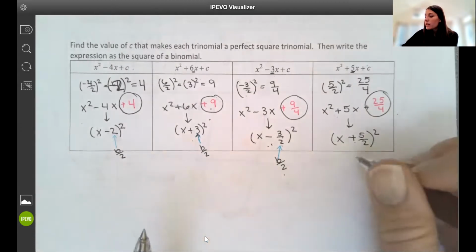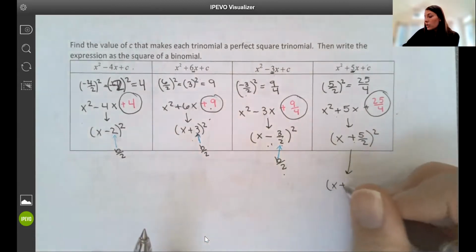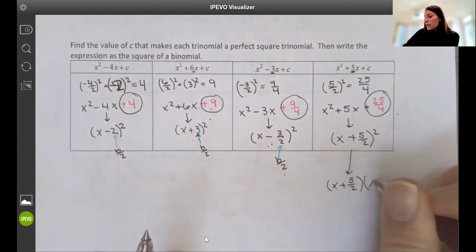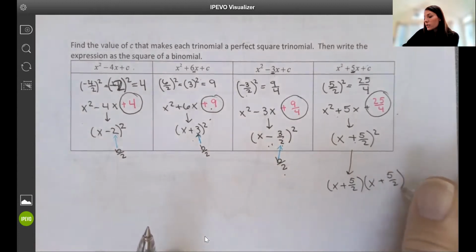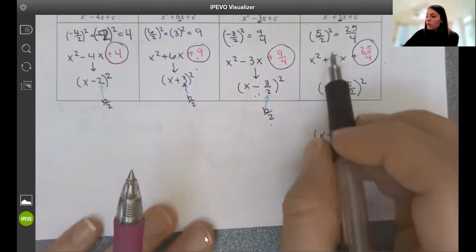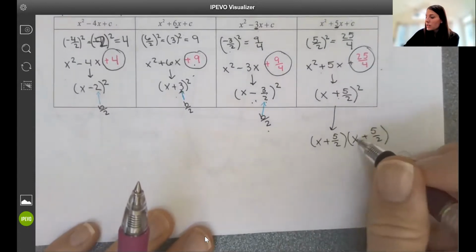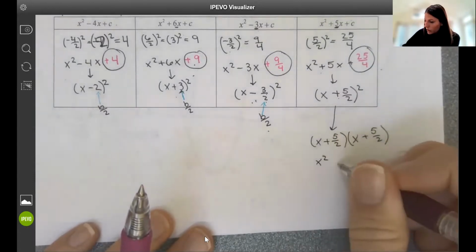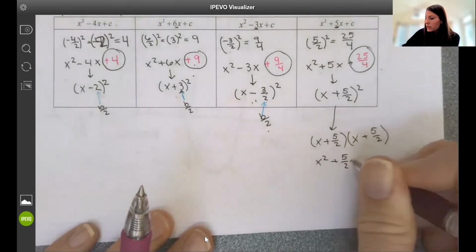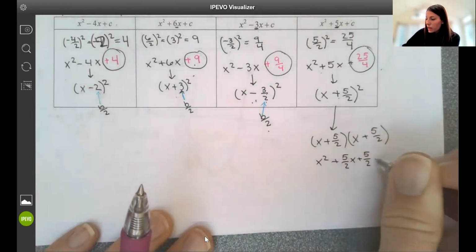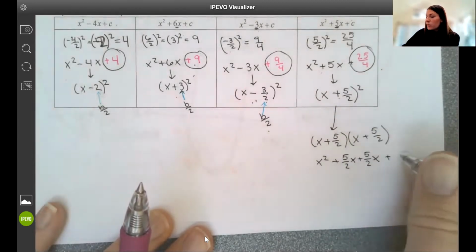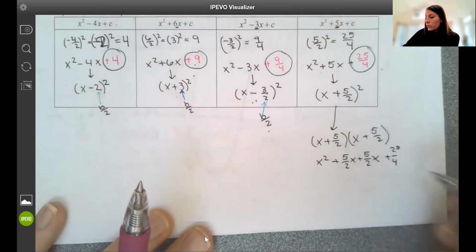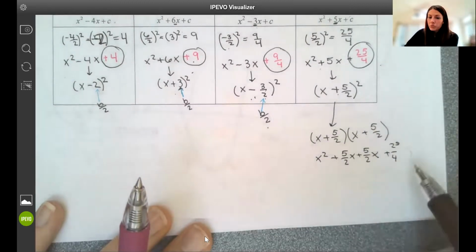And let's just look at this. So we know that that's x plus 5/2, x plus 5/2. If I were to multiply that out, just to give you an understanding of why that works: x times x, x squared, plus 5/2 x, plus 5/2 x, plus 5 times 5, 25, and 4, 2 times 2.